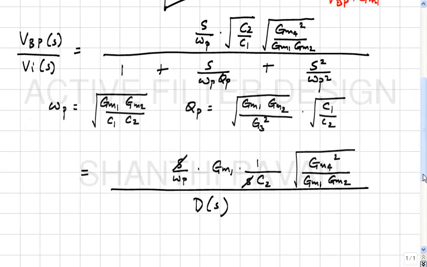And what kind of transfer function do you think this is? It's low pass because the numerator is a constant, right?